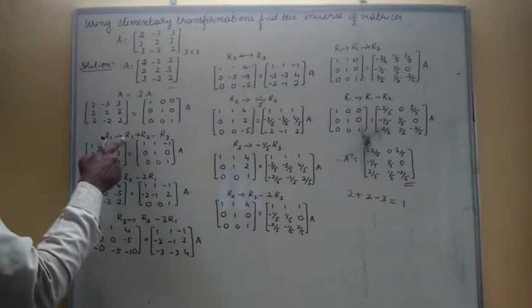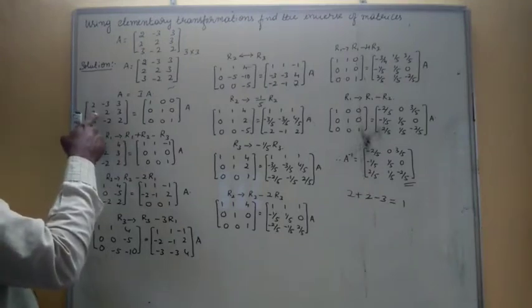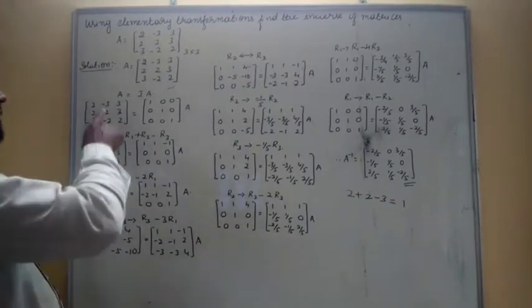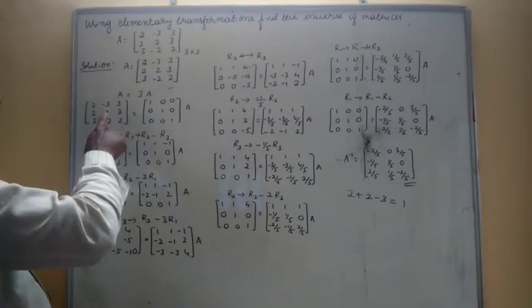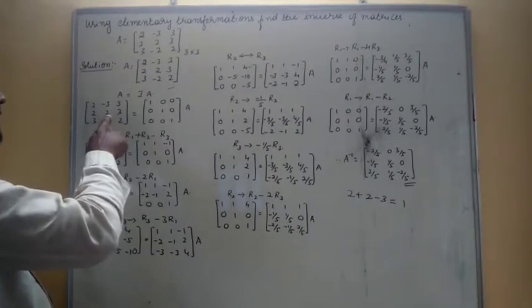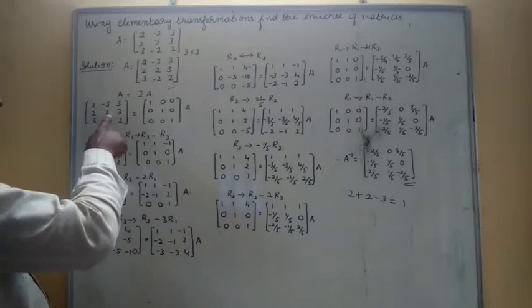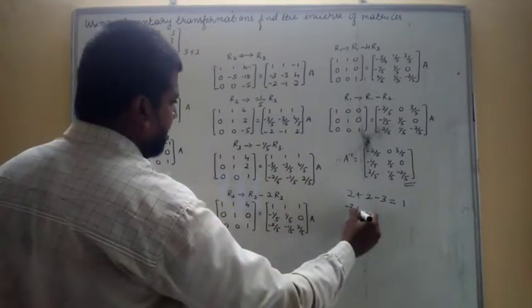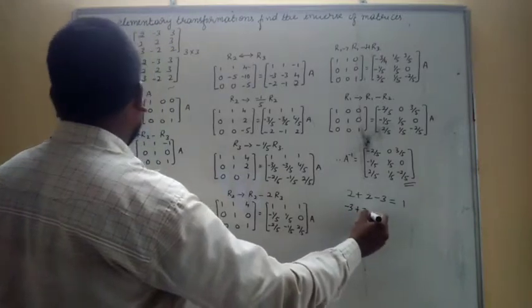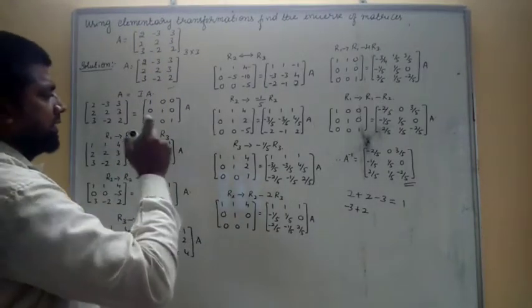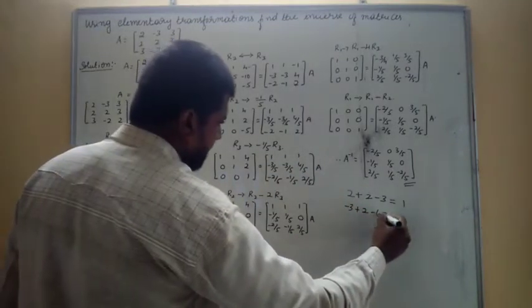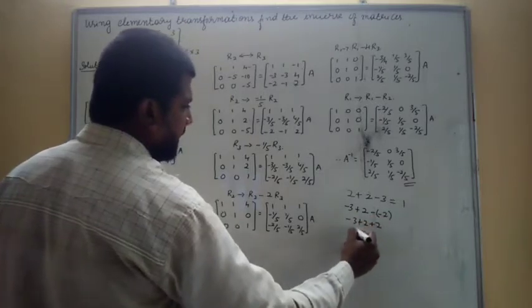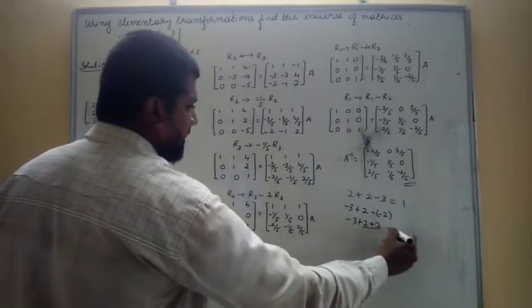The second element is minus 3 plus 2, minus of minus 2, which is plus 2: minus 3 plus 2 plus 2 is 1.